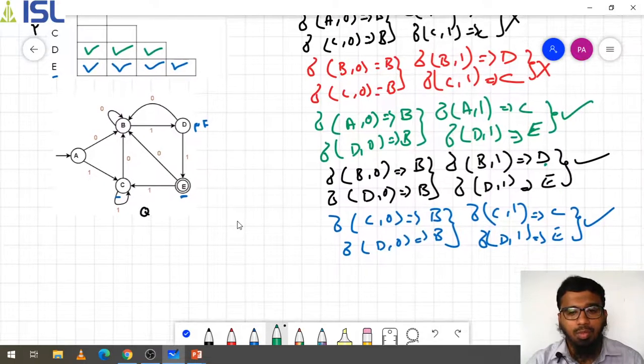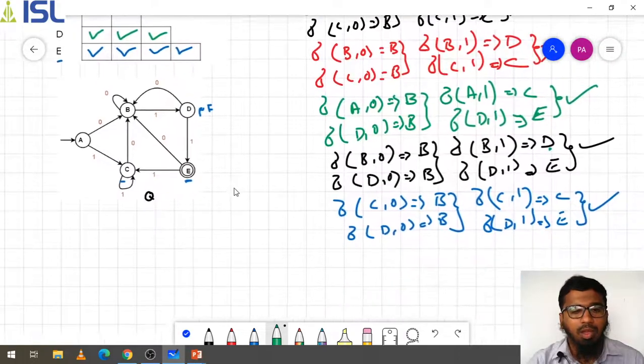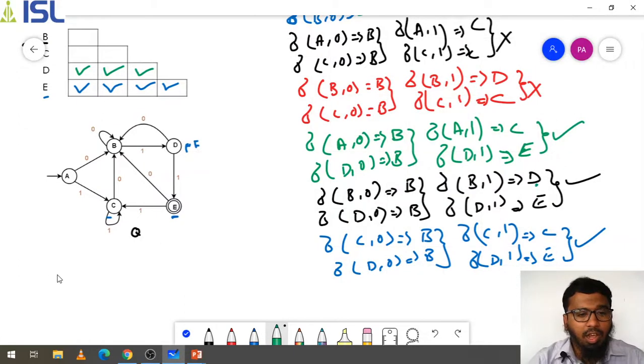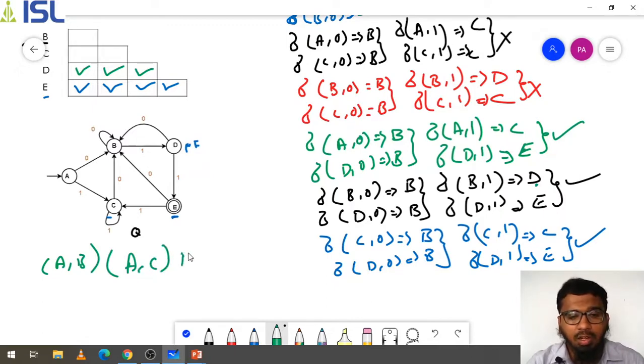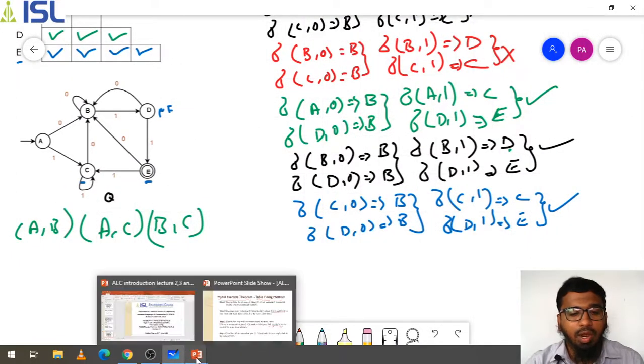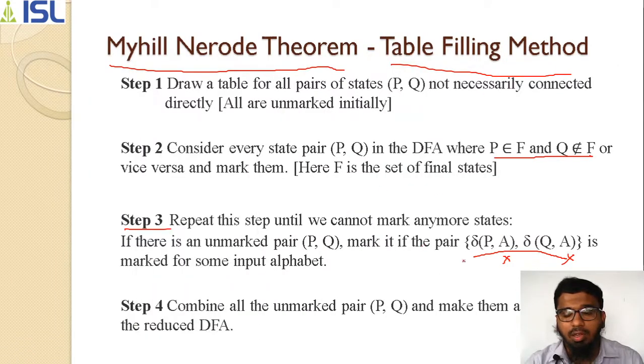Okay, so here we need to write the empty ones: A comma B, A comma C, and B comma C. These three empty pairs are there. So let's check what we need to do if we have the empty ones. This pair is marked for some input.